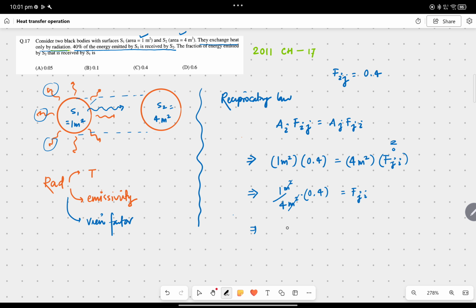This means that the percentage of energy emitted from surface j and accepted by surface i is 0.1 in decimal, and in percentage it is 10%. So this is the answer: 0.1 in decimal and 10% in percentage.